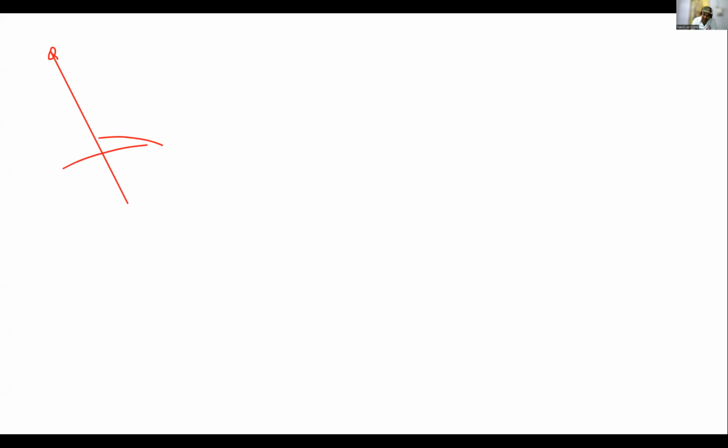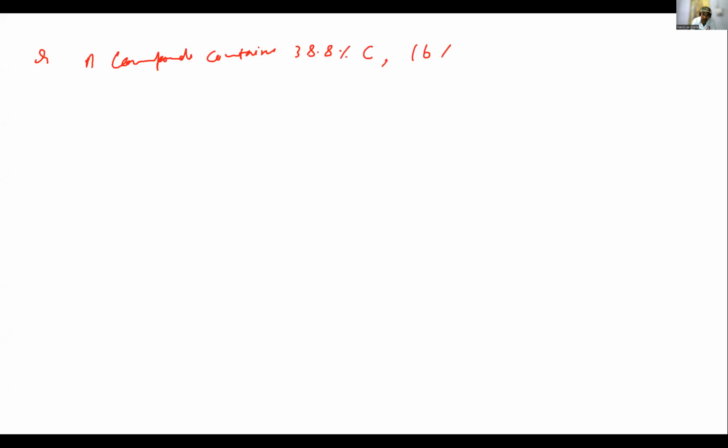You can also write and then try to solve that one. Very easy problem. These are all easy. I have taken them from the IB book only. The first question says a compound contains 38.8% carbon, 16% hydrogen, and 45.2% nitrogen.